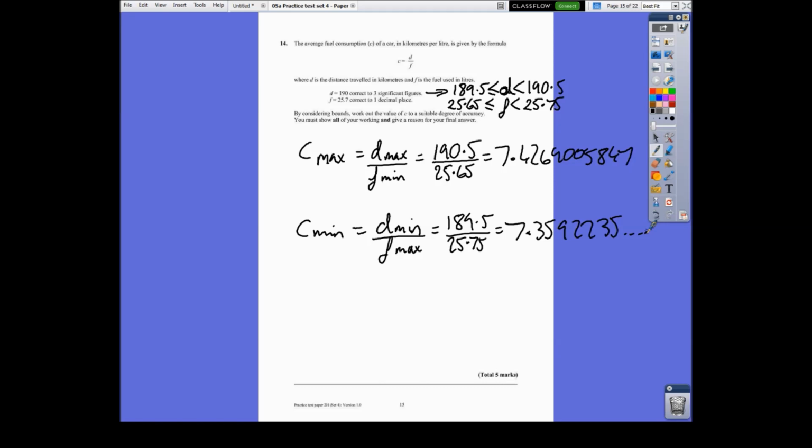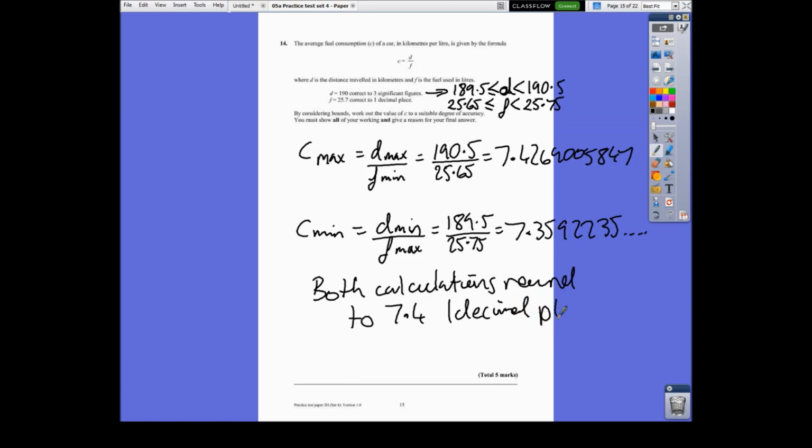So because they both round to 7.4, the most sensible degree of accuracy would be to one decimal place.